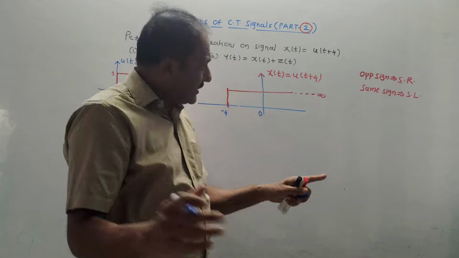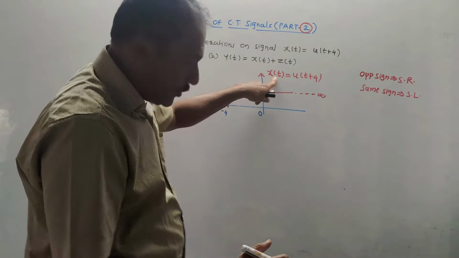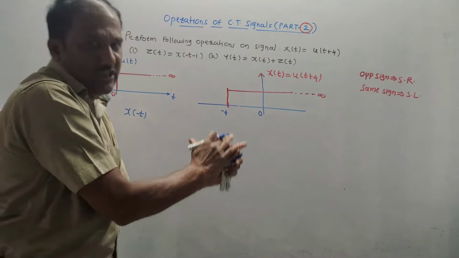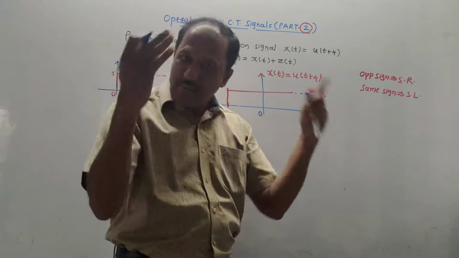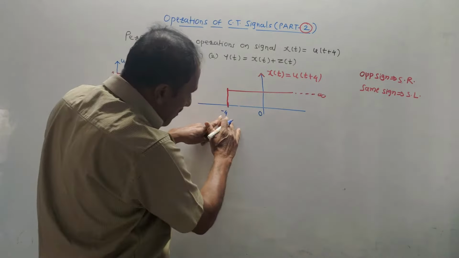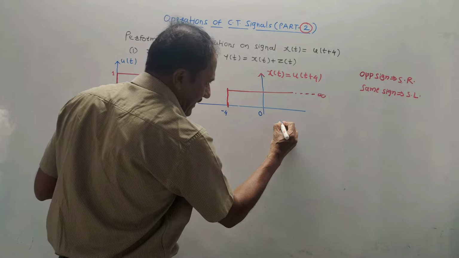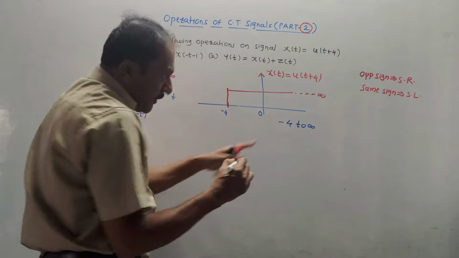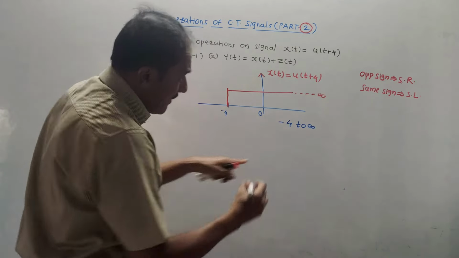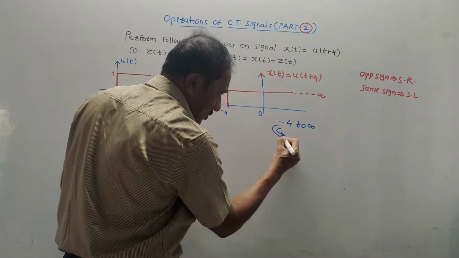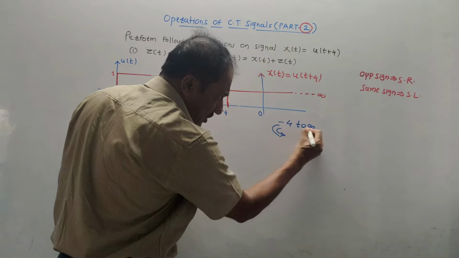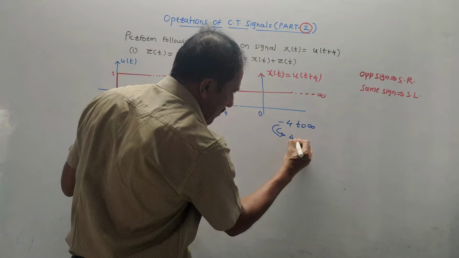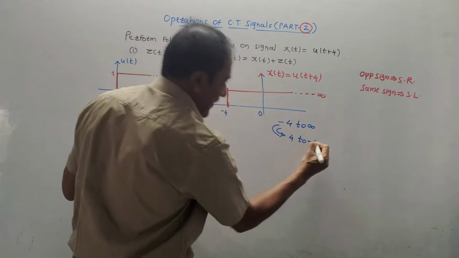Do remember the notations. x of t is the original notation. x of minus t represents folded version. Folding means mirror image. This diagram is from minus 4 to infinity. I will write it here. It is from minus 4 to infinity. If you fold it, if you take mirror image, then mirror image of this will be from, just change the signs. Since it is minus 4 to plus infinity, it will be from 4 to minus infinity.